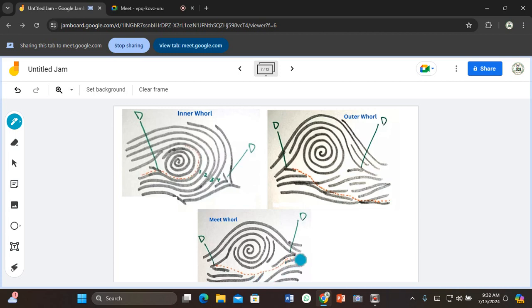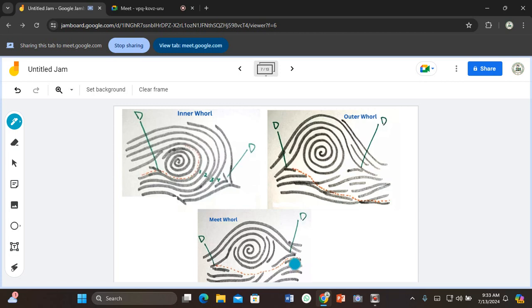So if the tracing ridge is here, and between the tracing ridge and the data you have only one or two ridges between them, then you call that one mid wall.